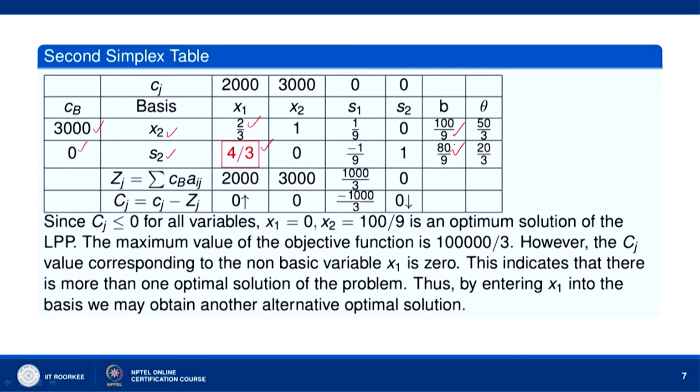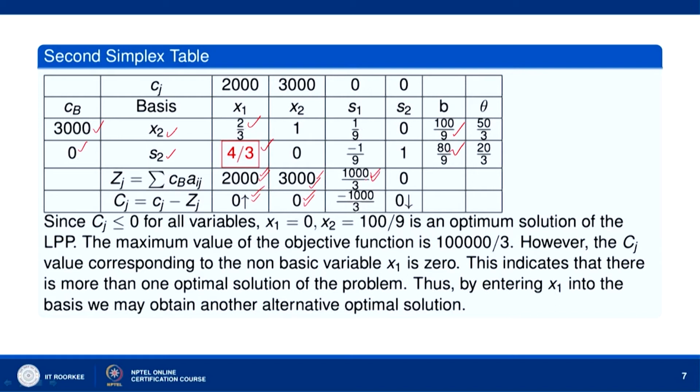Now, let us find the Cj minus Zj value. Zj is equal to 3000 into 2 by 3, that is 2000, this is 0. So, we get 2000 here, 2000 minus 2000 is 0, and here we get 3000 into 1, so 3000, 0 into 0 is 0, so we get 3000, 3000 minus 3000 is 0. Then we get 3000 into 1 by 9, that is 1000 by 3, and this is 0.